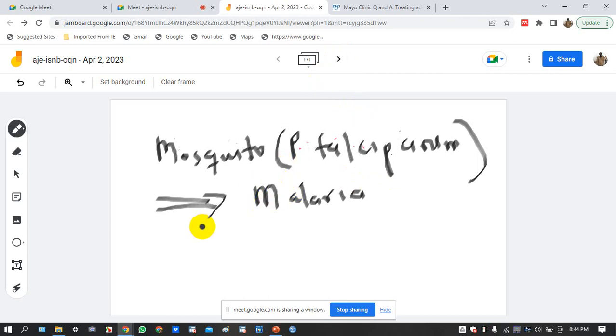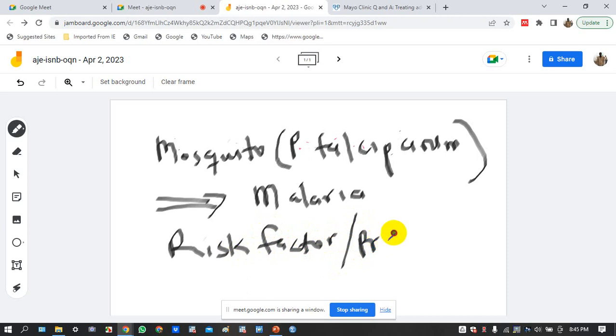So mosquito, that's P. falciparum, is a risk factor. A risk factor is also called a predisposition factor.